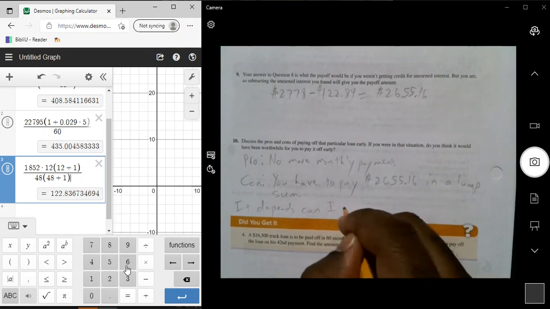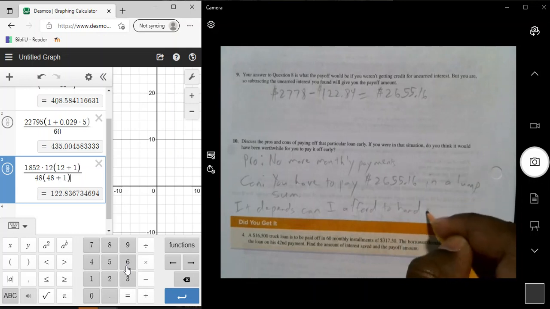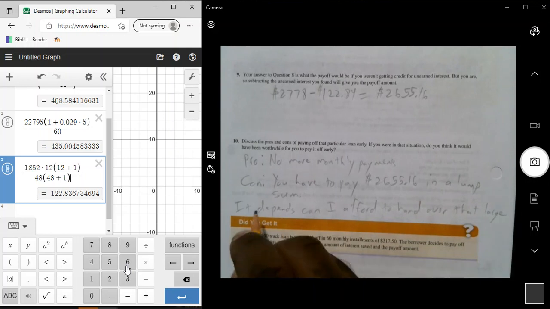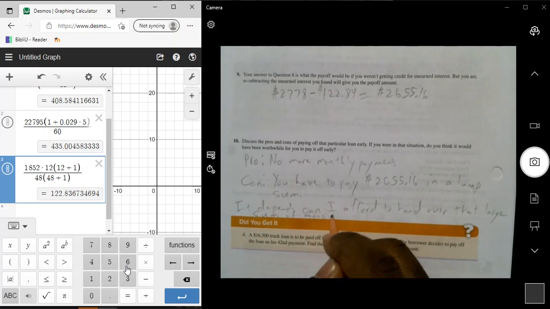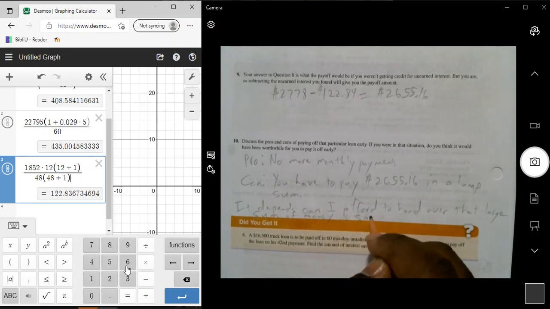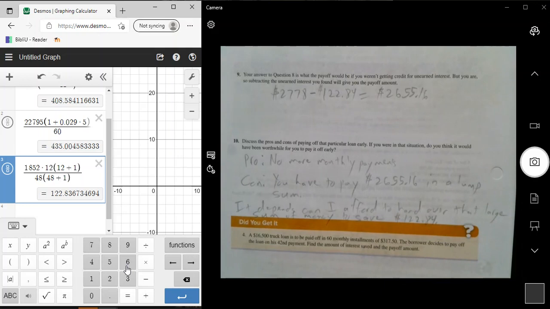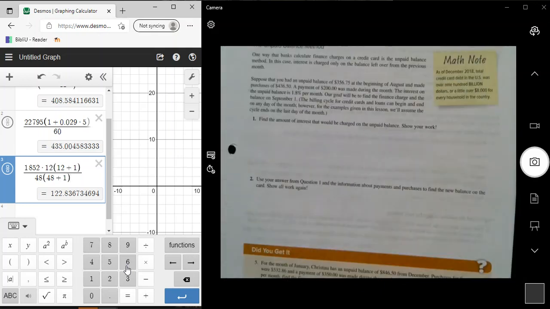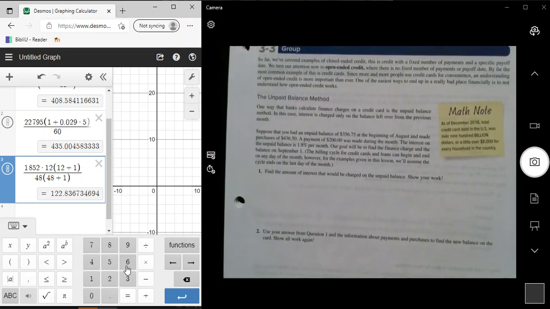Can I afford to hand over that large sum of money to save $122.84? So that is a hard question that everyone will have to figure out for themselves. Okay, now we come here.